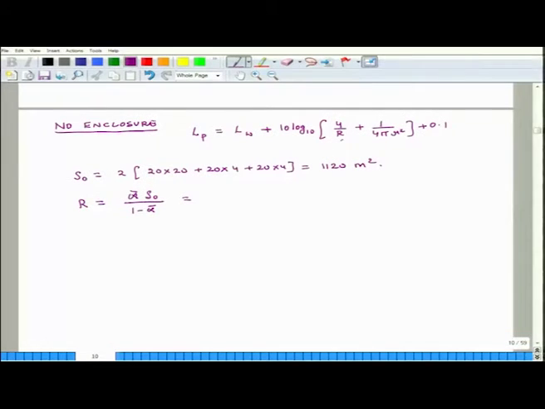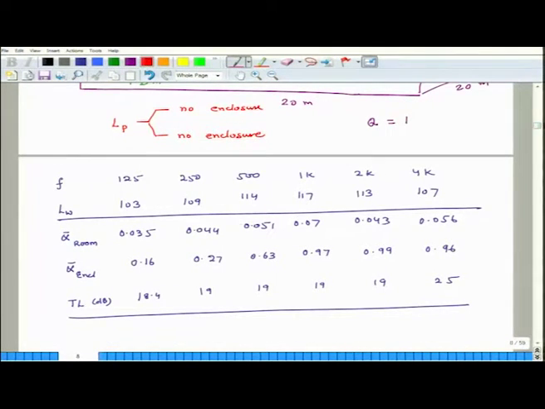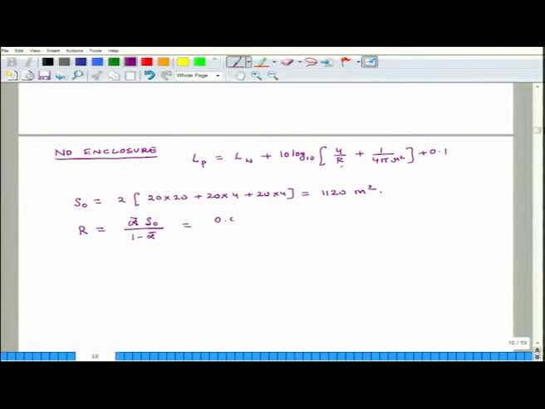At 500 hertz, alpha bar is 0.051. So, this is equal to 0.051 times 1120 divided by 1 minus 0.051, and that works out to be 60.19 meter square. This is at 500 hertz.